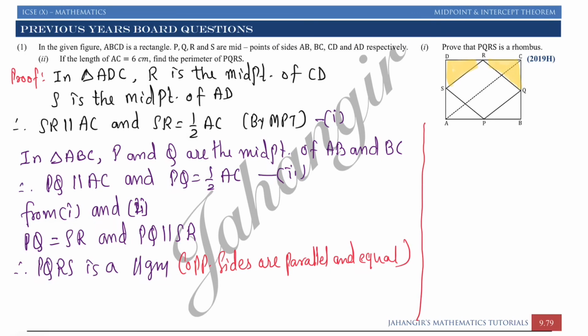In these, DR is equal to CR, DS is equal to CQ, and this is 90, this is 90 degrees. So now in triangle SDR and triangle QCR, DR is equal to CR, R is the midpoint. It is given.